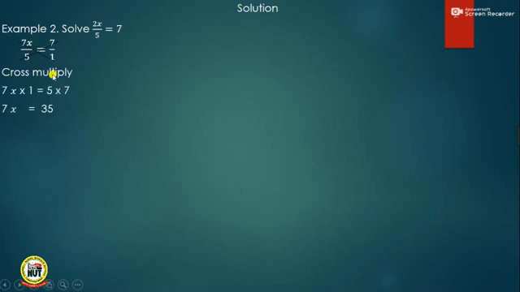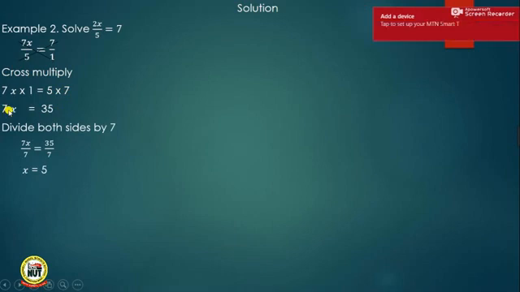So we cross multiply. That becomes 2x times 1 is equal to 5 times 7. And 2x times 1 is equal to 2x. Then 5 times 7 is equal to 35. So since we have 2x is equal to 35, we are not looking for 2x, we're only looking for x.